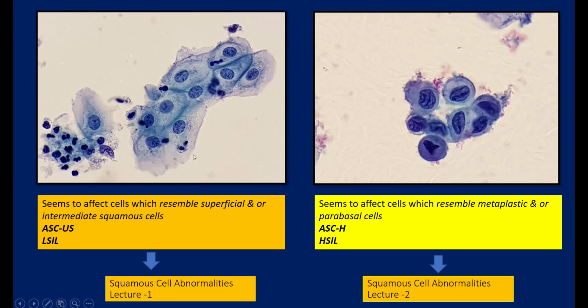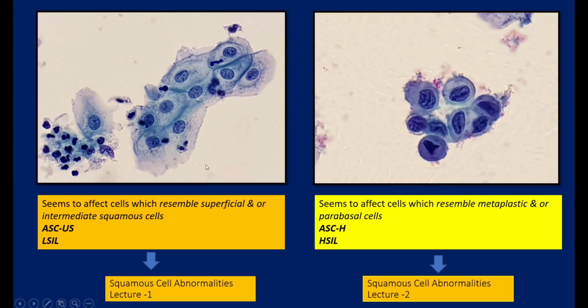When the nuclear abnormalities, which define these lesions, affect cells that resemble superficial and intermediate squamous cells, we categorize them under ASCUS and low-grade SIL. Whereas when they affect cells which would be otherwise metaplastic or parabasal cells, we call them ASC-H and HSIL.